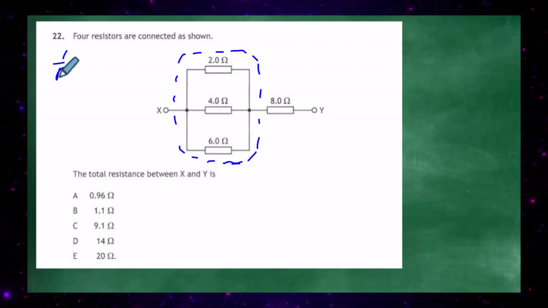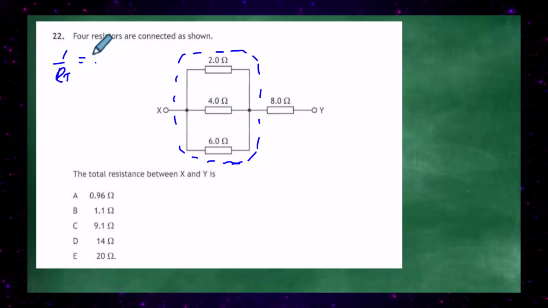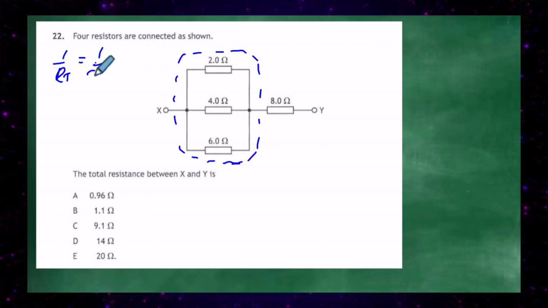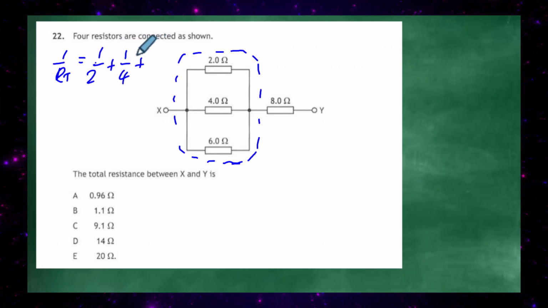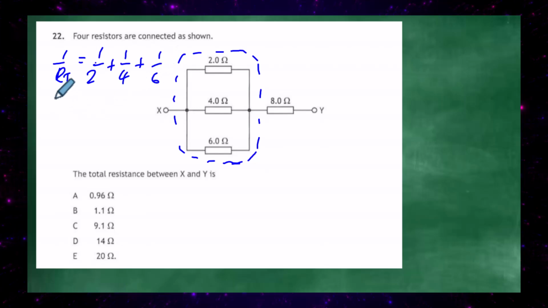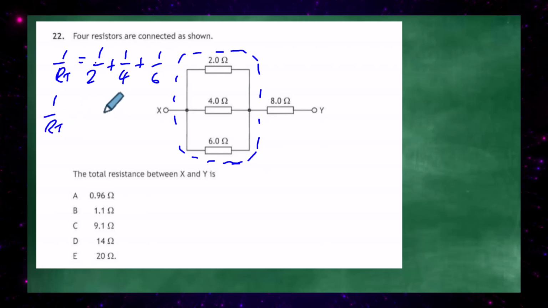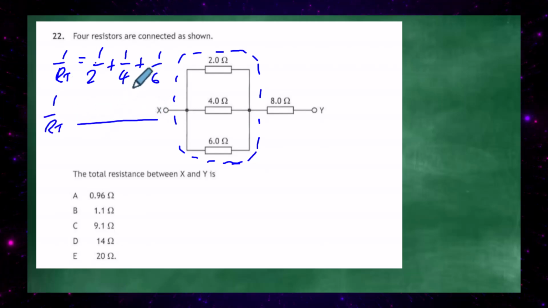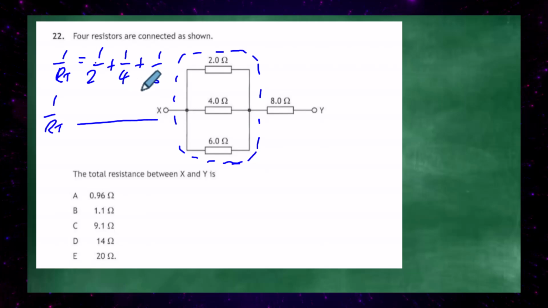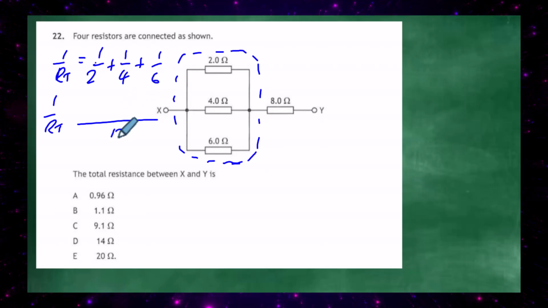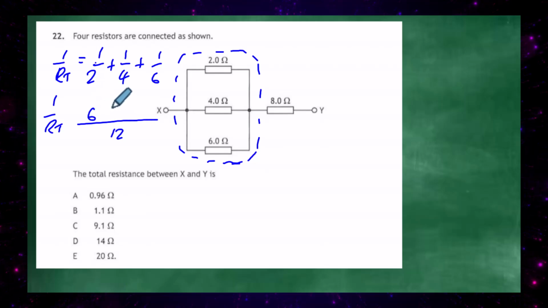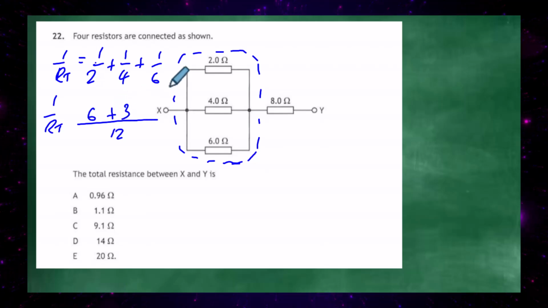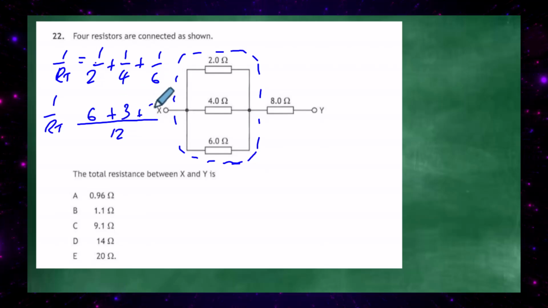So 1 upon RT is going to equal 1 upon 2 plus 1 upon 4 plus, of course, 1 upon 6. If you're using a calculator, you can do that quite easily, but I'll just do it with the common denominator. The common denominator here turns out to be 12, because 2 can get 12 6 times, so we get 6 times 1 is 6. 4 can get 12 3 times, so it's 3. 6 can get 12 twice, so we have 2.